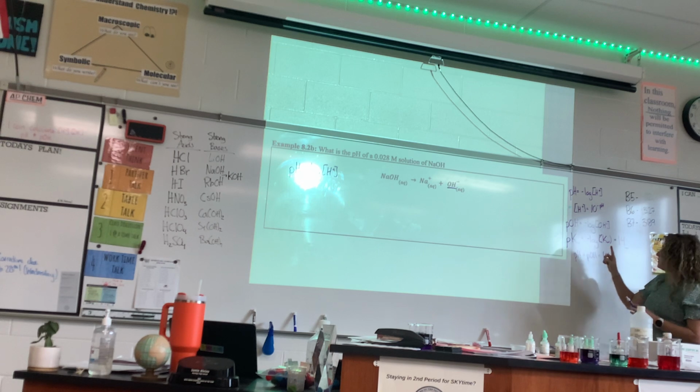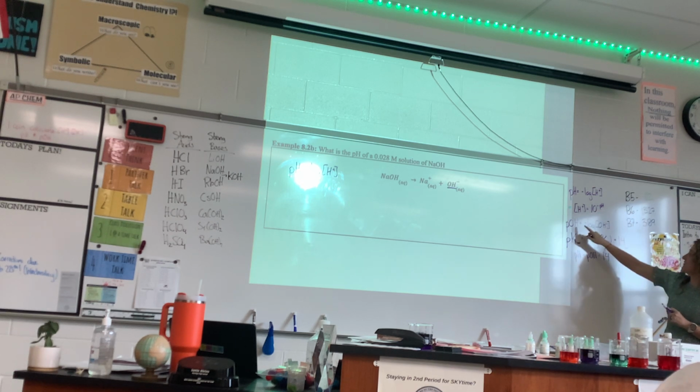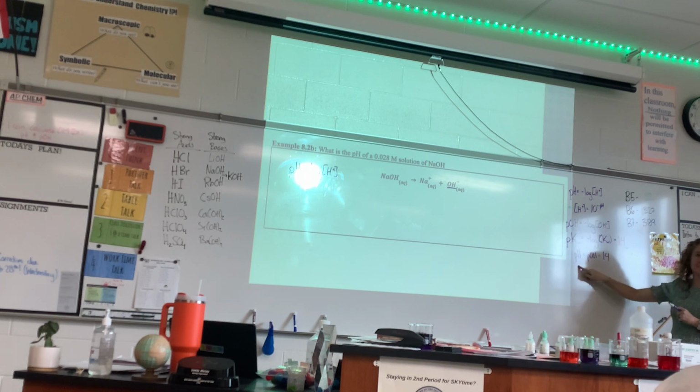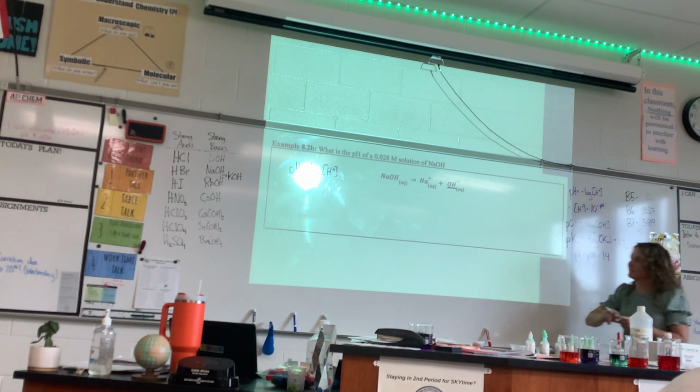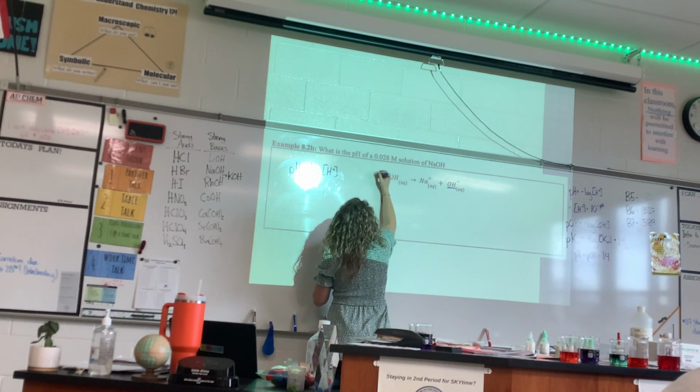But, as we learned before, if I can find my OH and pOH, we can get it back to pH. So same idea, we're just going to start by getting to pOH first, to then get to the pH. Okay? So, set up my RICE chart here.